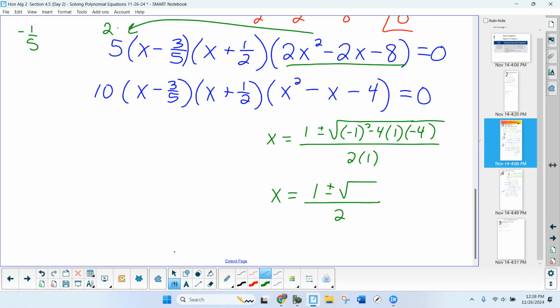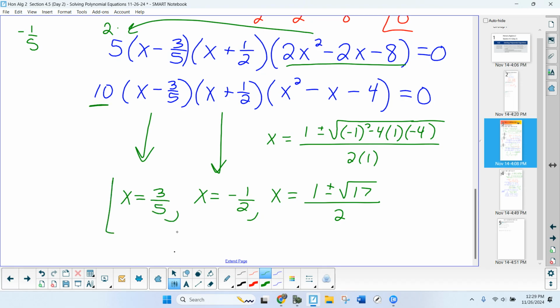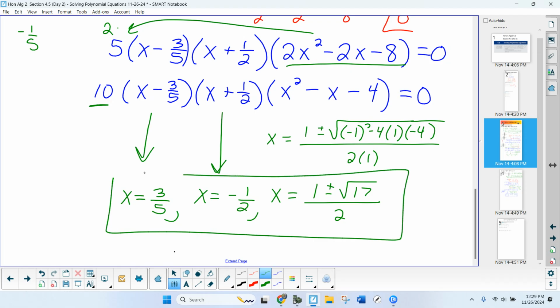So what do you guys get underneath there? 17. So when you solve this, that's what you get. What do you get when you solve this one? Negative 1/2. What do you get when you solve this one? 3/5. Does this give me an answer? No, because there's no x with it.